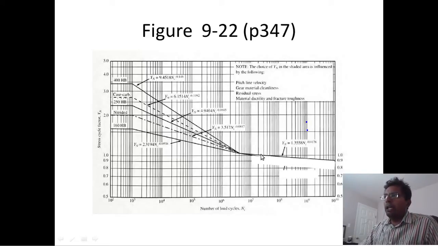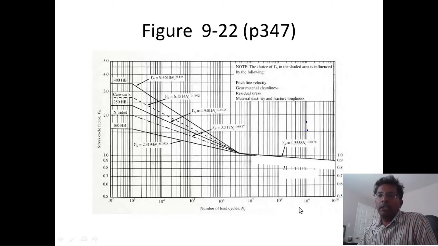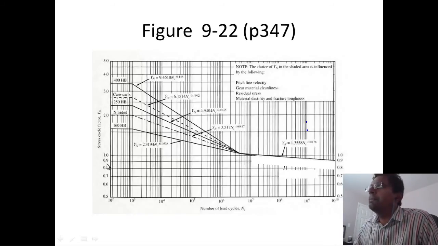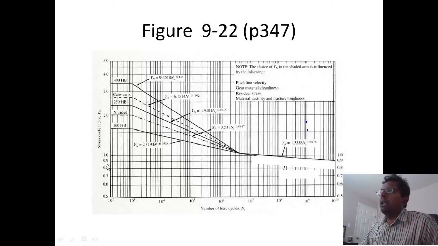For YN, we had 3 times 10 to the 8 cycles. We are looking mainly at the pinion. 10 to the 8 is over here, 3 times 10 to the 8 is over here. You go up, figure out this value, and it is somewhere in the middle of 1 and 0.9. So we're going to take YN as 0.95.